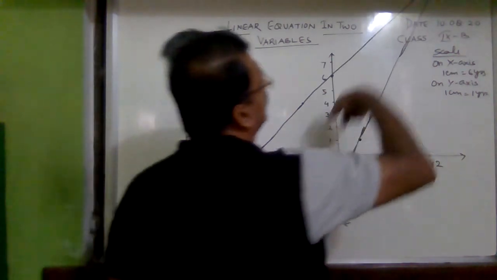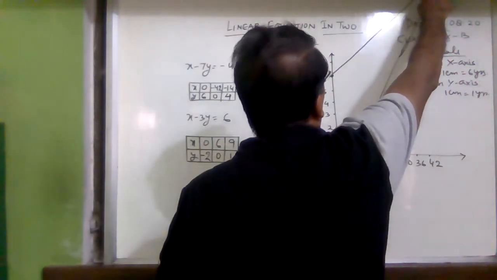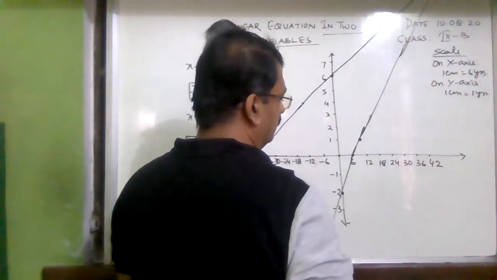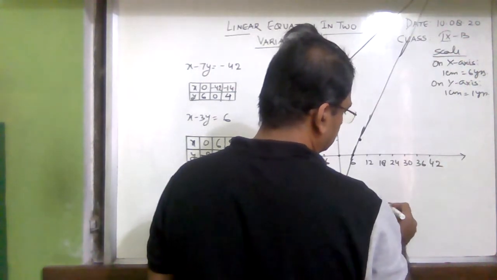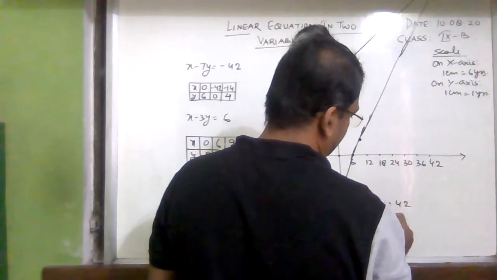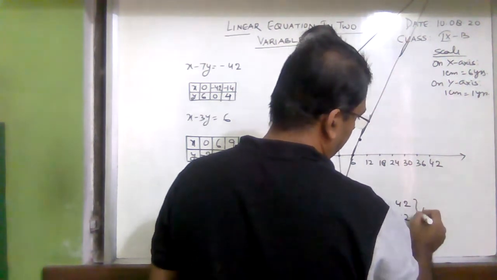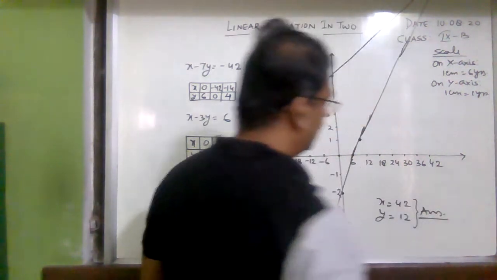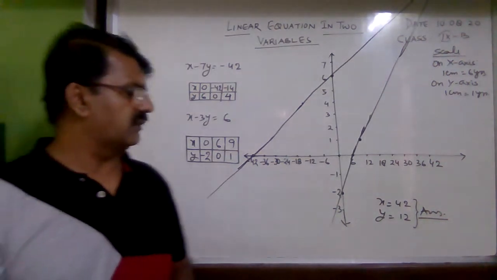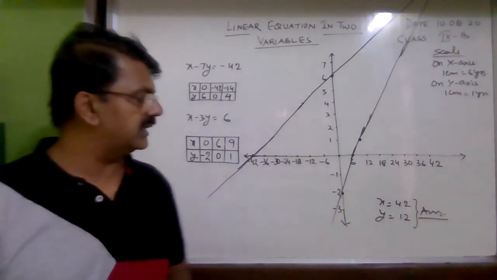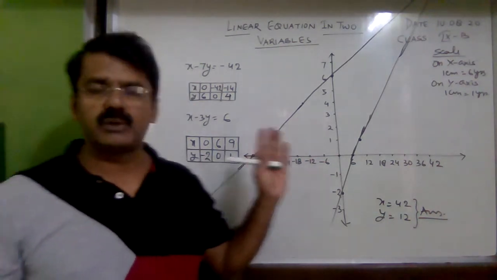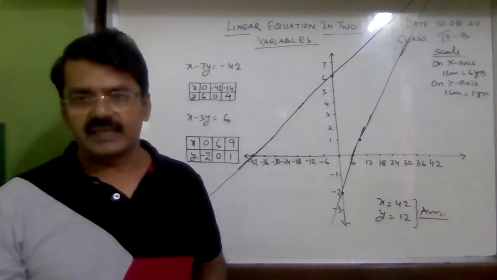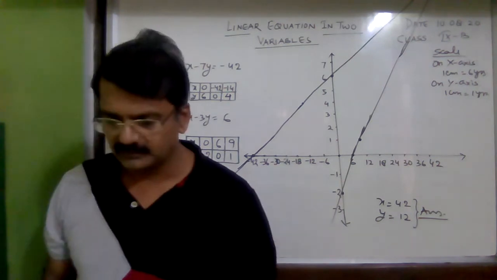So when you see it on the graph paper, you see the point of intersection of the two graphs, you will see that x will be 42 and y is equal to 12, and that is your answer. That means age of Ravish will be 42 years and age of Arushi will be 12 years, and this is the graphical solution. Okay.